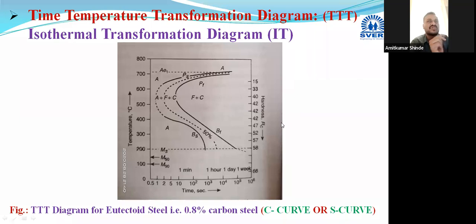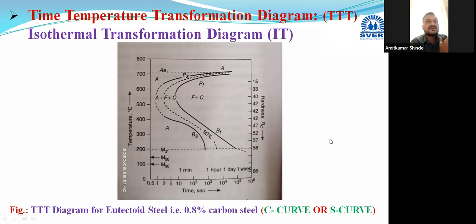It is denoted by CS. Alpha S, here you can say that this is proeutectoid ferrite. Its formation will start at that particular point. It is denoted by alpha S. In the same way, CS, this is proeutectoid cementite. Then PS and PF, BS and BF, and MS and MF.